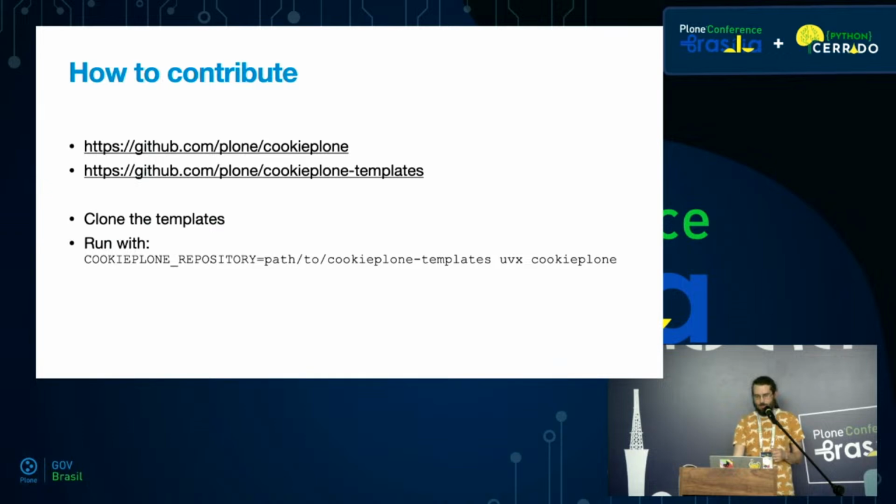So the uvx cookieplone or pipx run cookieplone, that part's the same as before. But we're setting an environment variable with the path to cookieplone templates where we cloned it, and then we'll use the copy that you have on your local disk instead of it getting fetched from GitHub like would happen by default.